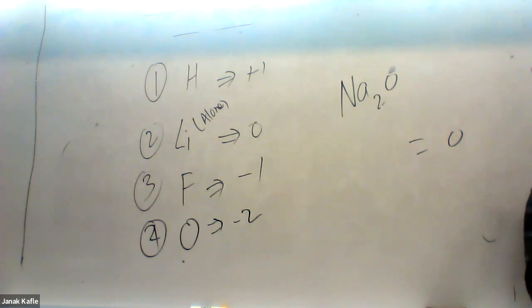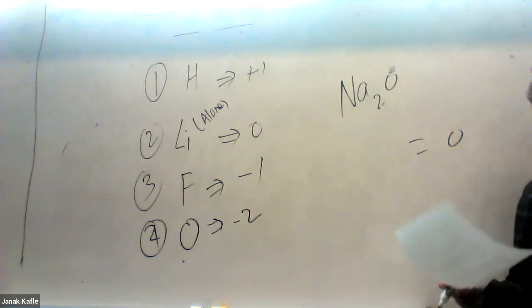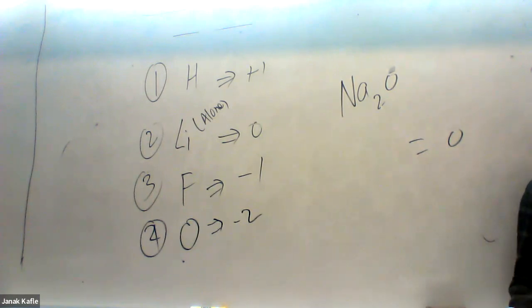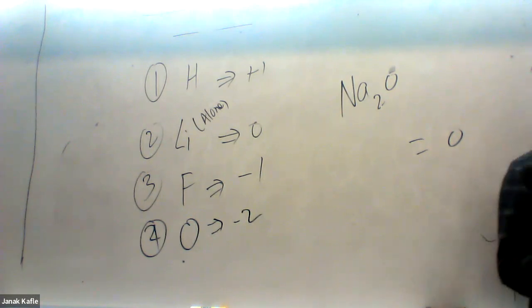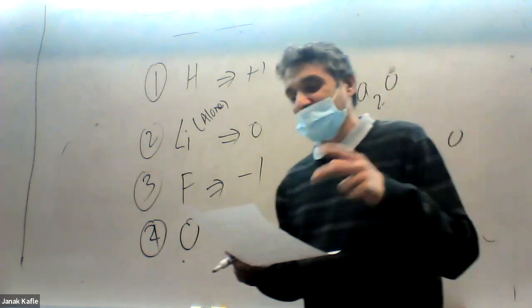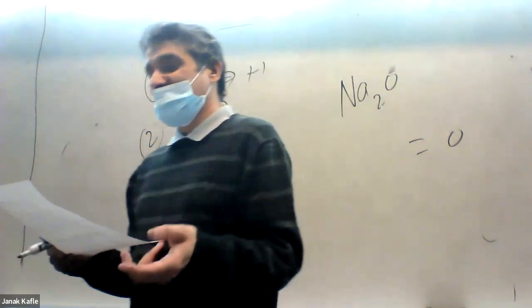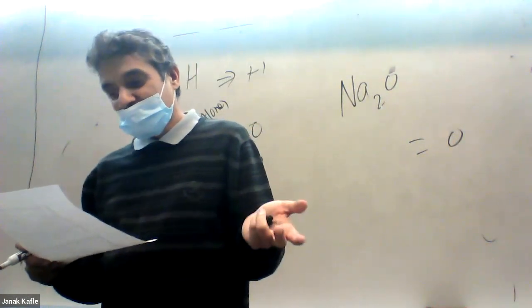So the rules are in slide number 17. Each atom in a pure element, so it has not combined with anything else, sitting just alone there, that is 0. And if fluorine is there with somebody, that fluorine has -1. If oxygen is sitting with somebody there, that is counted as -2.